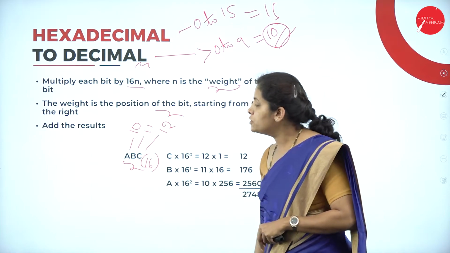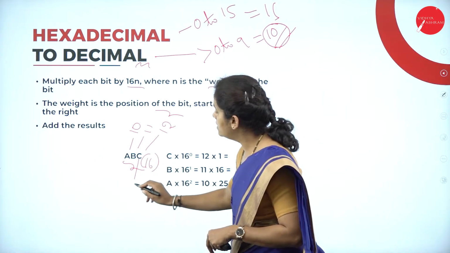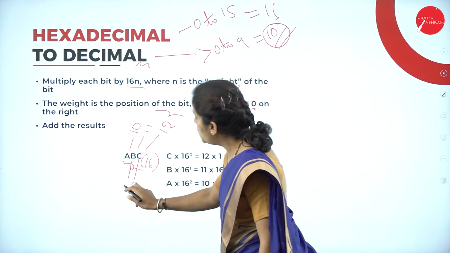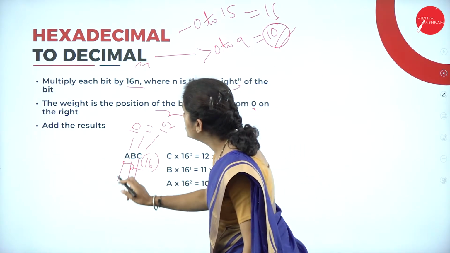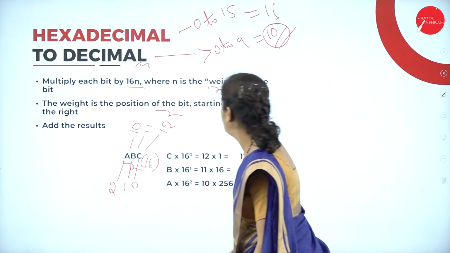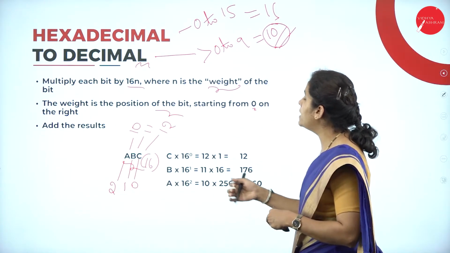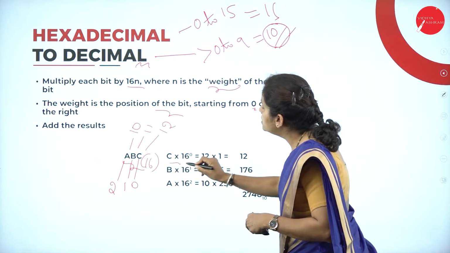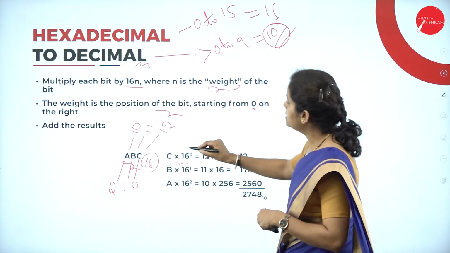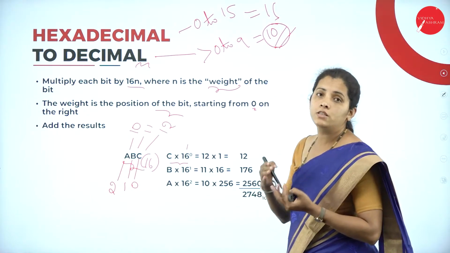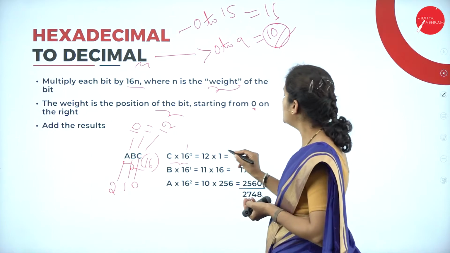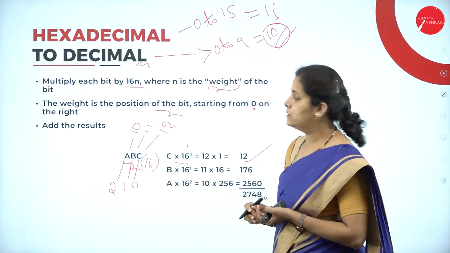So what's the position of C here? It is 0. Then what's the position of B? It is 1. Then what's the position of A? It is 2. So I'm going to multiply C with 16 to the power 0, that is 1. 16 to the power 0 means 1. So 12 into 1, I'm going to get 12.